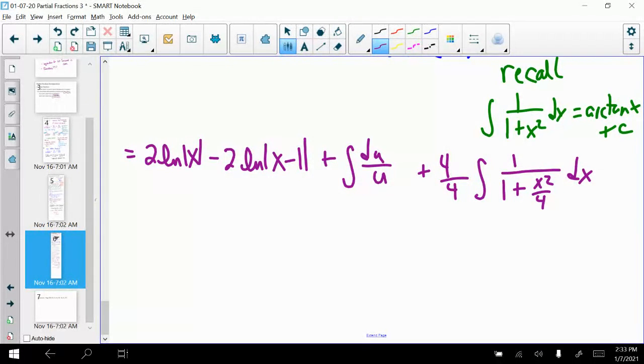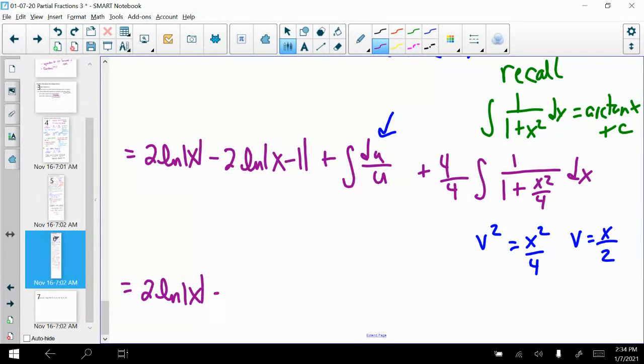Now, just don't use u again because we already used u over here. So I'm going to use a v, and this 4 over 4 is not a problem, but v squared is going to be my x squared over 4, which makes v be x over 2. Just square root, don't forget that. It'd be the first time somebody forgot that. So we're just going to carry this stuff down.